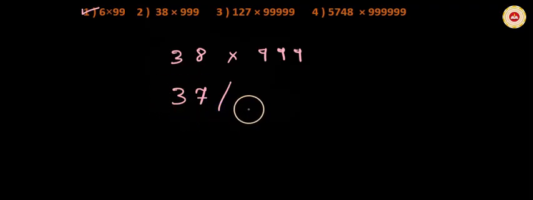What is right part? To calculate right part, first count the number of 9s in excess. There are 3 9s in multiplier, there are 2 digits in multiplicand. It means that there is one excess 9. One excess 9. And count this excess number of 9s from left to right.